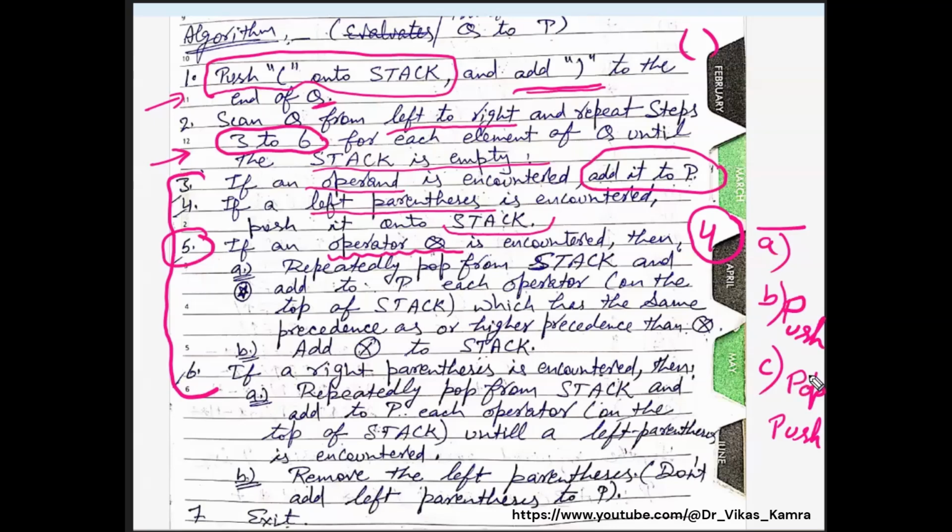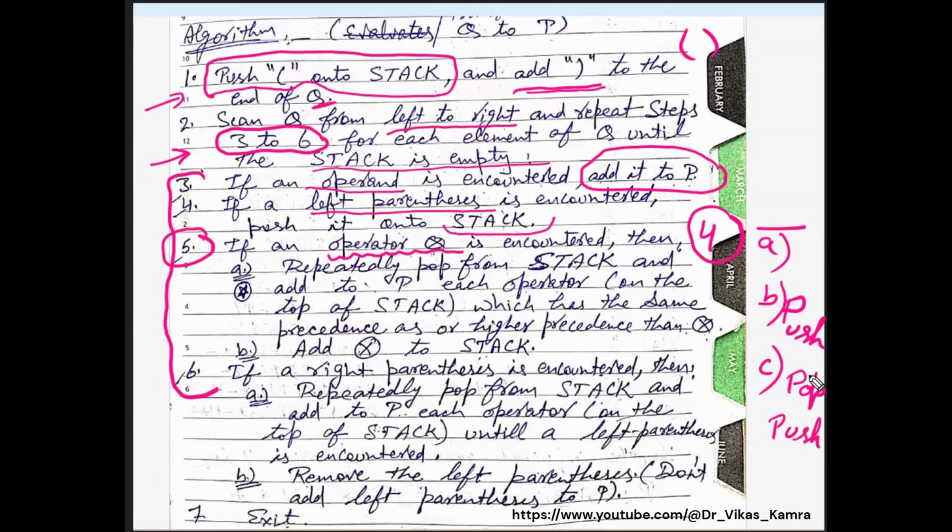For example, if minus is coming and multiply is already on the stack, the incoming operator, minus, has less priority and the existing operator, multiply, has more priority. Then first a pop operation will be done, which means multiply will come out of the stack and go to the postfix expression P.